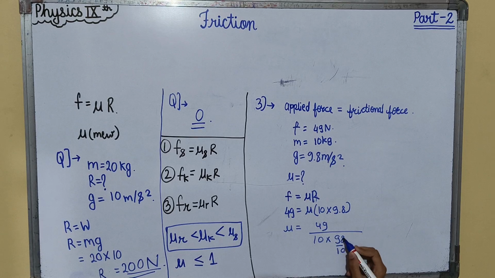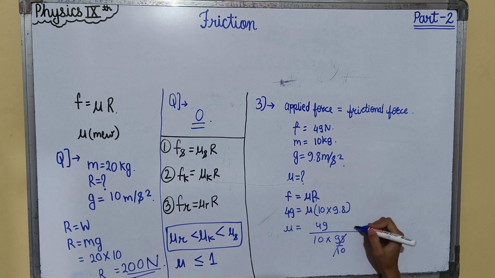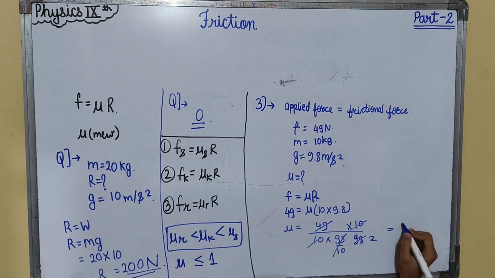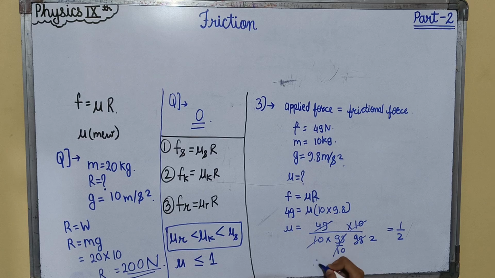As it is division, it will get reciprocal and we get 10 upon 98. This 10 will get cancelled. 49 ones are 49, 49 twos are 98. So we got 1 by 2. Therefore, value of mu is equal to 1 by 2, that is 0.5. This is the answer.